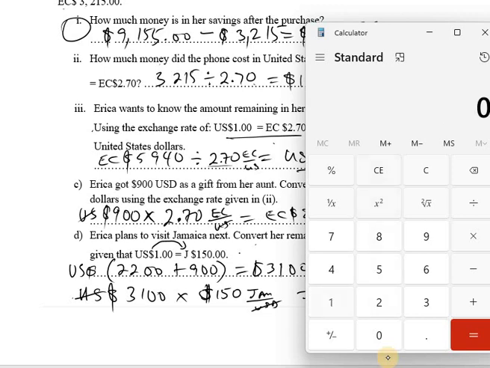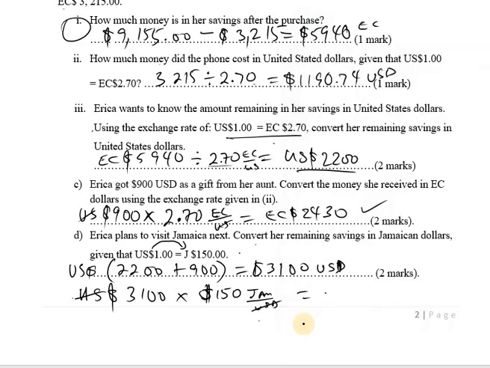It's going to be 150 times 3,100, which gives us 465,000 Jamaican dollars. That's a lot of money, right? Well, it depends on what you're going to purchase, really. So, yeah, that's it. Hopefully that was clear.